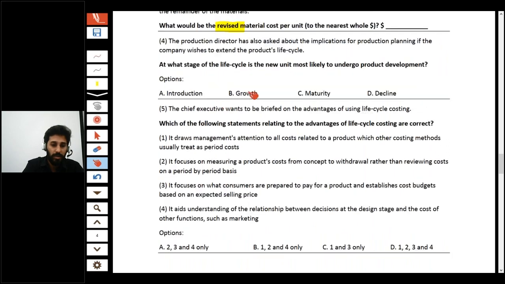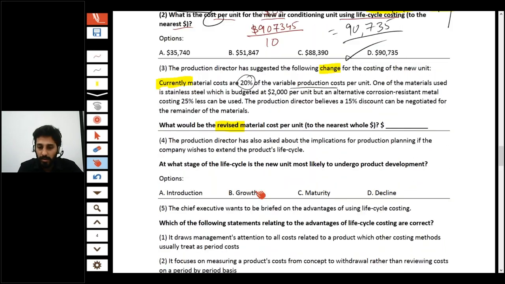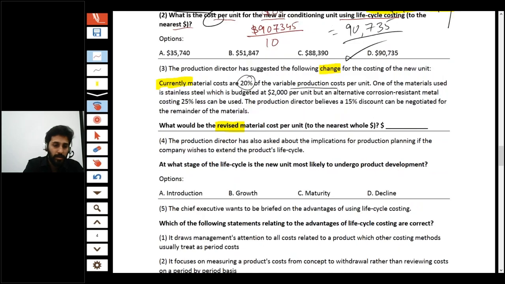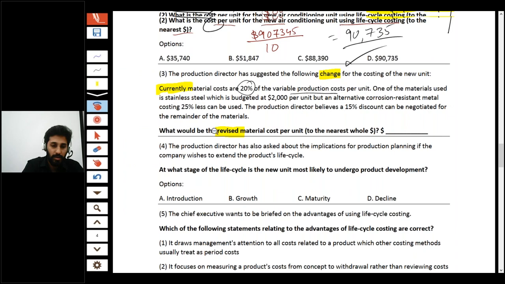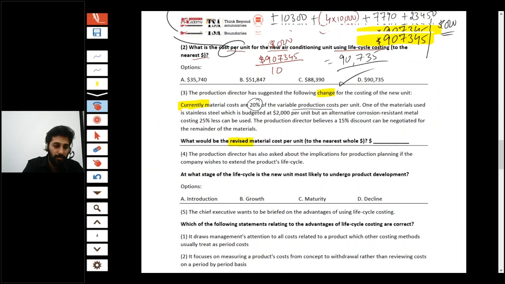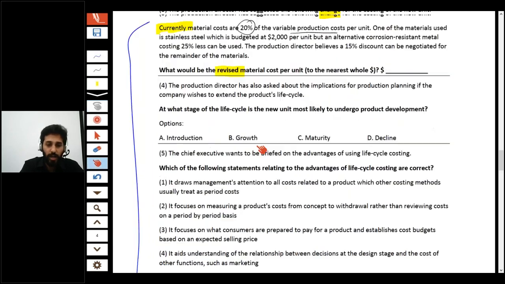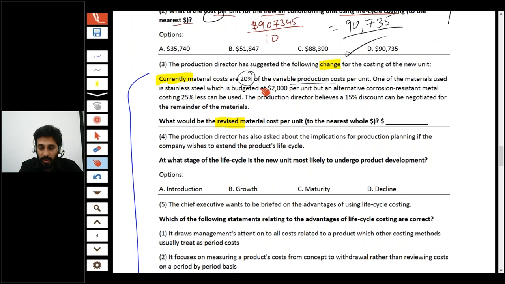Question number 3. I'm now solving this question number 3 at the bottom of this page. It is saying that 20% of the cost is material cost.